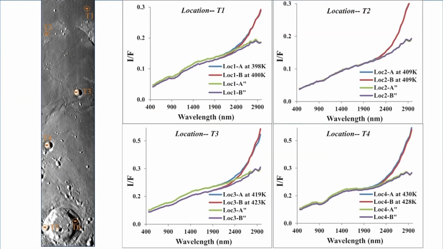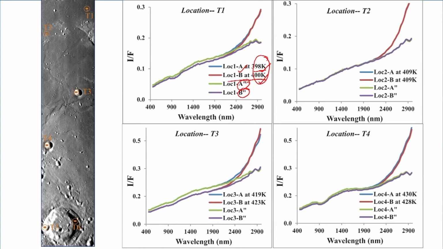Once you have that information, you can see location A at 396 Kelvin, location B at 400 Kelvin. This is A dash and B dash. So what is exactly happening here? For A and B, right, these two temperature data sets are matching. So that means the pixel value or the pixel temperature was in this range.